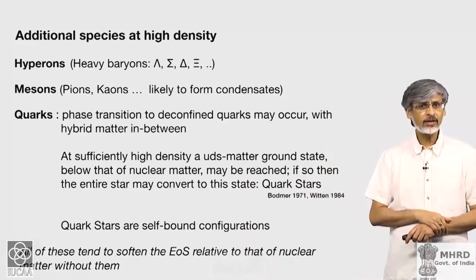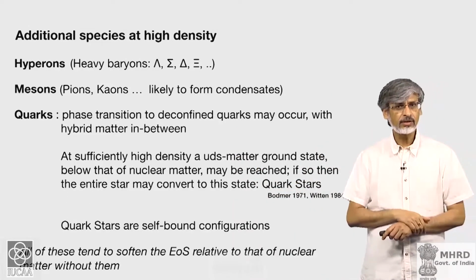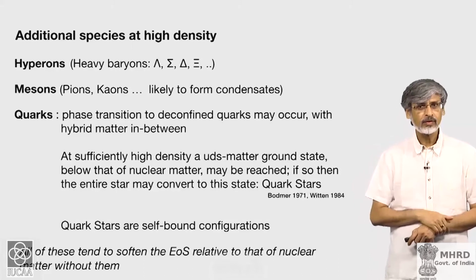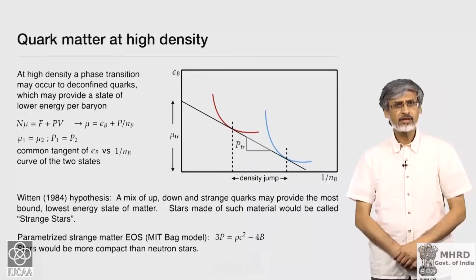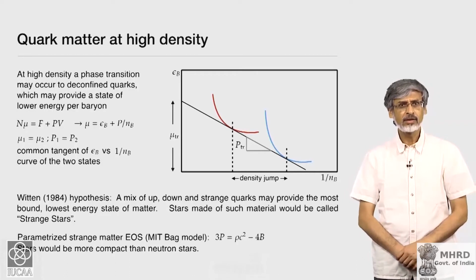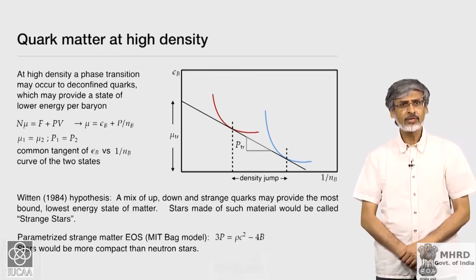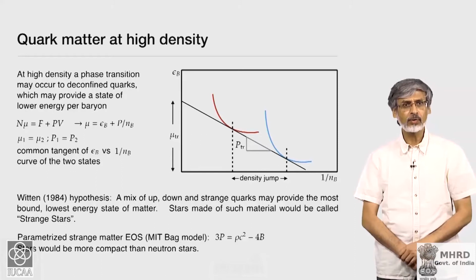Softening the equation of state will bring down the upper mass limit. So, that is the consequent effect. At high densities inside the neutron star, a phase transition may occur to deconfined quark state.